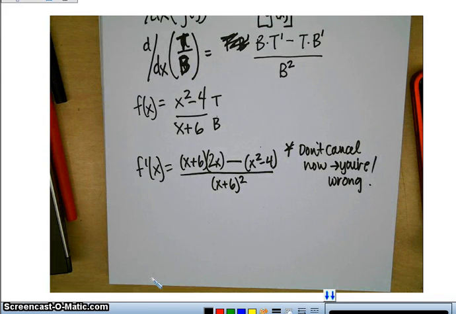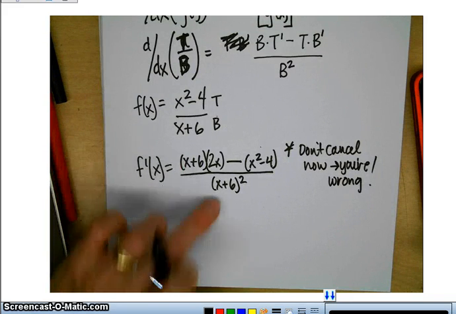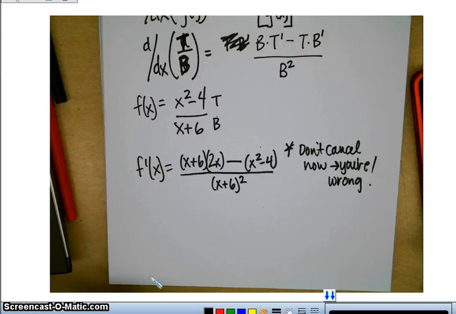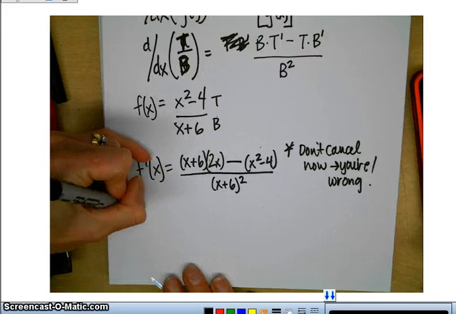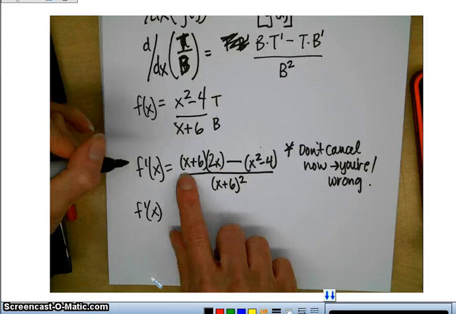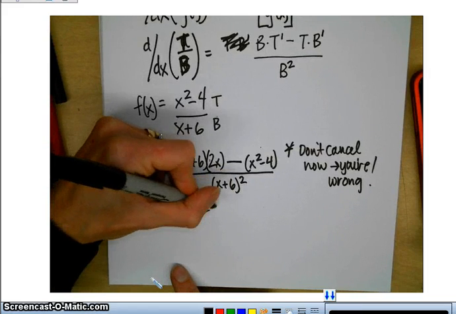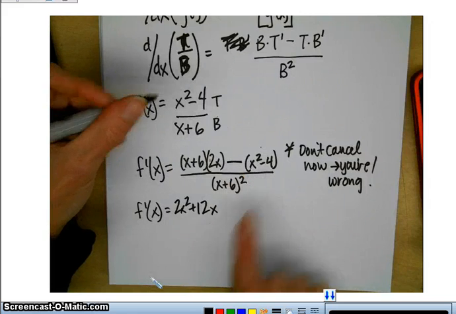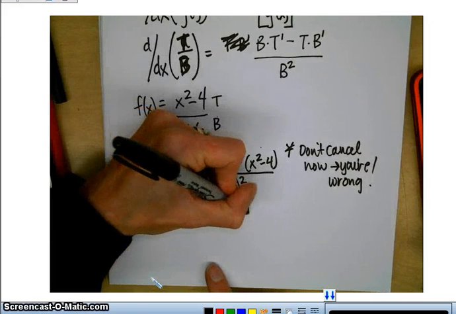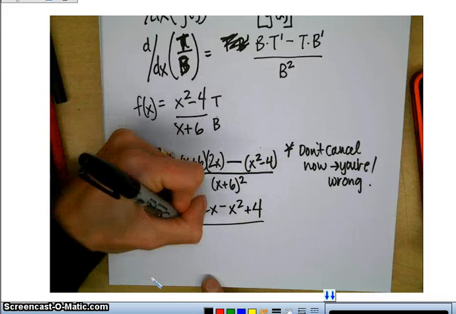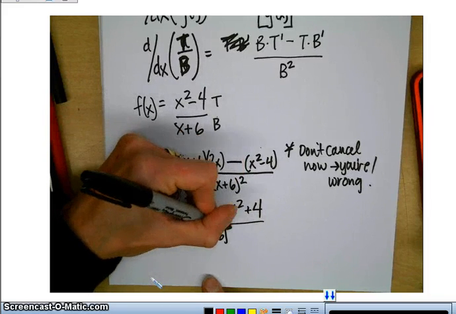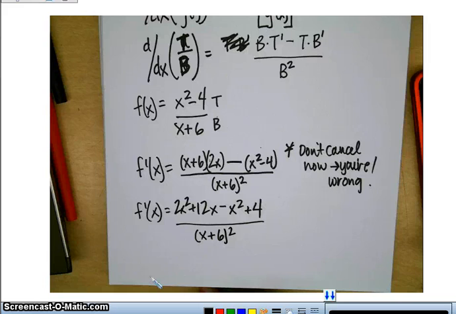Some people get this great idea that they're going to cancel the x plus 6 right there. No. I have to multiply out the top, so distribute the top. So that'll be 2x squared plus 12x. And then distribute the negative here. So minus x squared plus 4. I'm just leaving the bottom alone. I'm not even going to mess with it. Isn't that what we've done so far? Don't mess with the bottom?